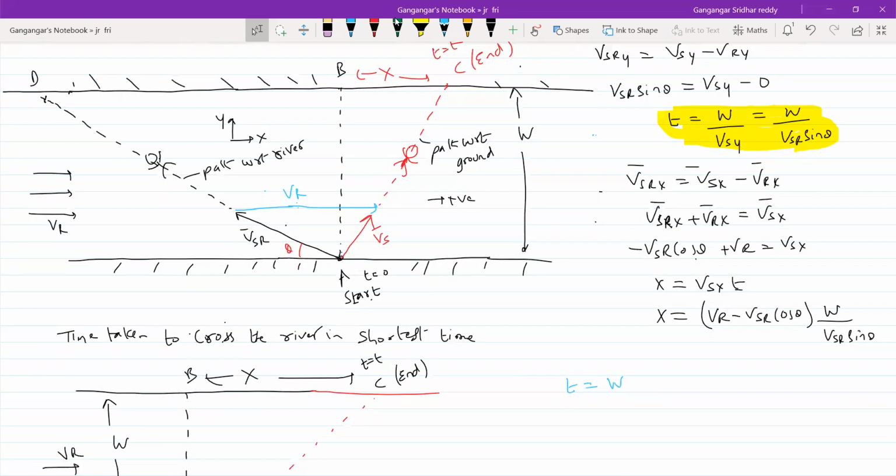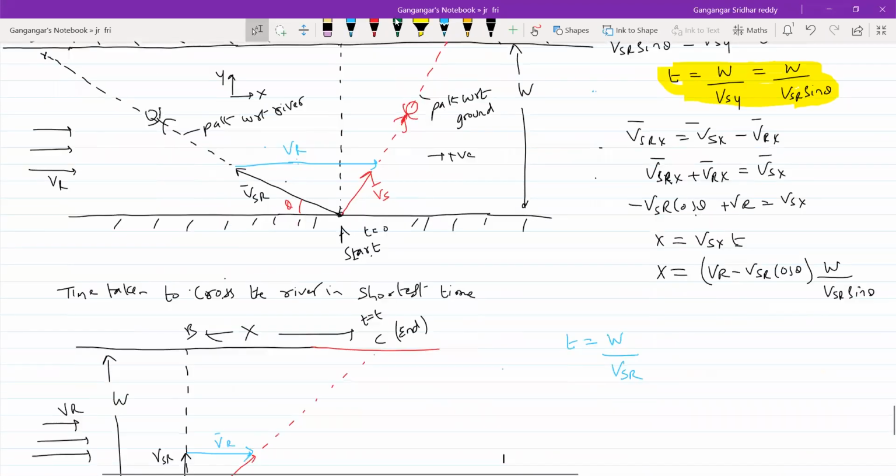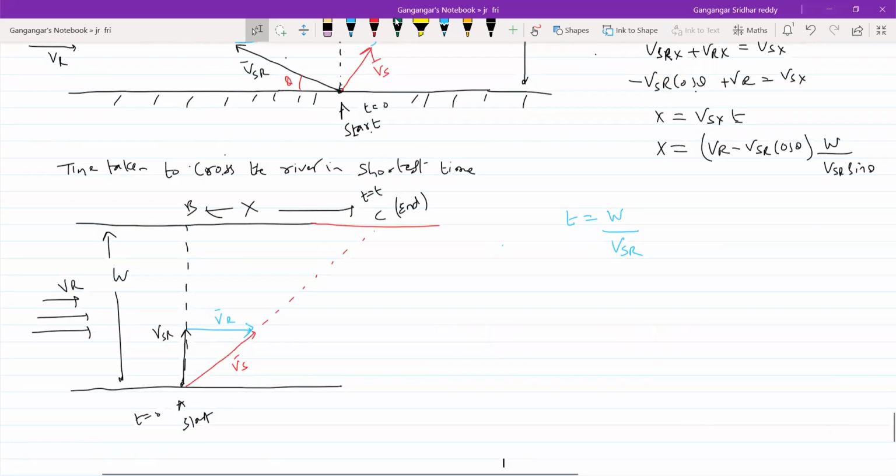So shall I write the answer directly? T equals W by VSR, when the swimmer swims normal to the river current.